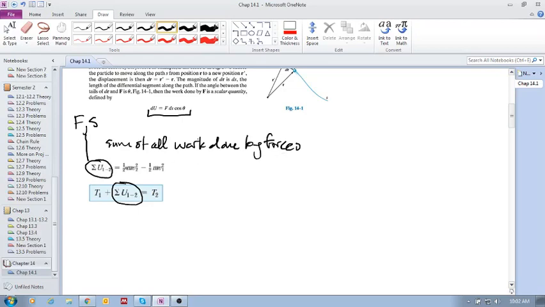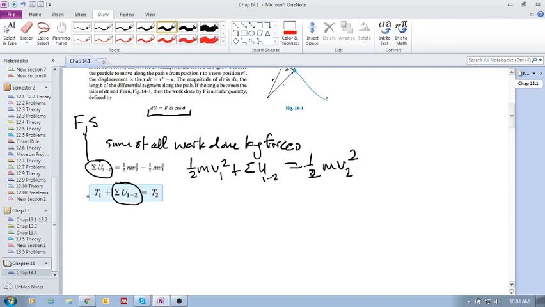Then look at these two terms: half m v2 squared minus half m v1 squared. You can also write this as half m v1 squared plus the sum of all the work done from 1 to 2 is equal to half m v2 squared. That's just rearranging.